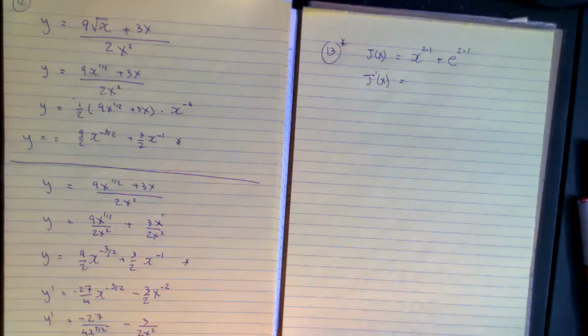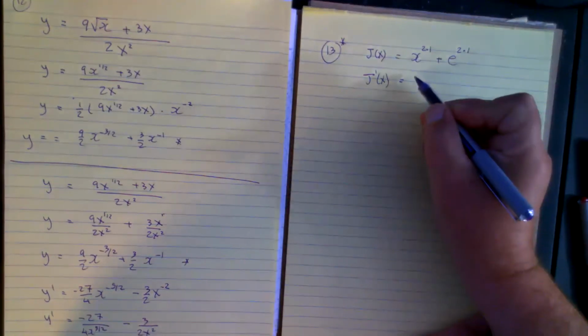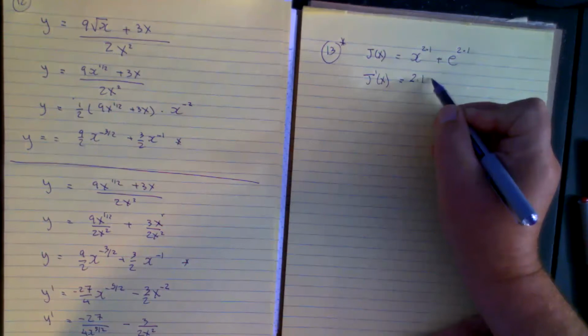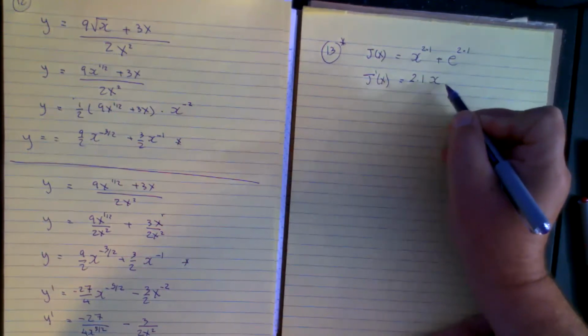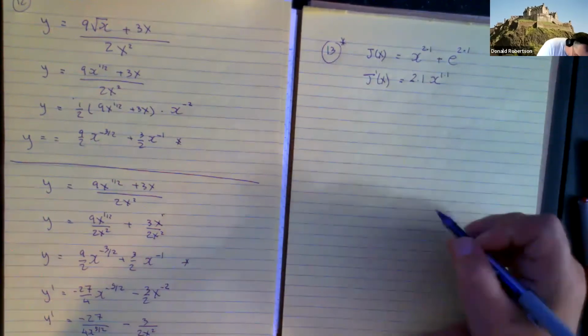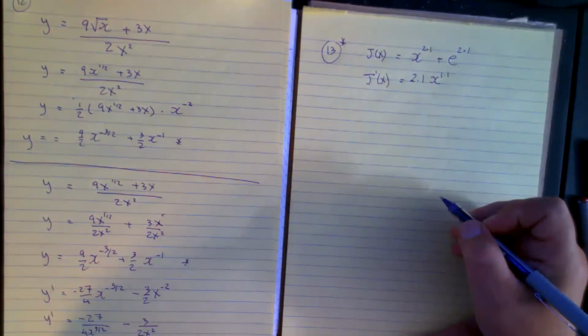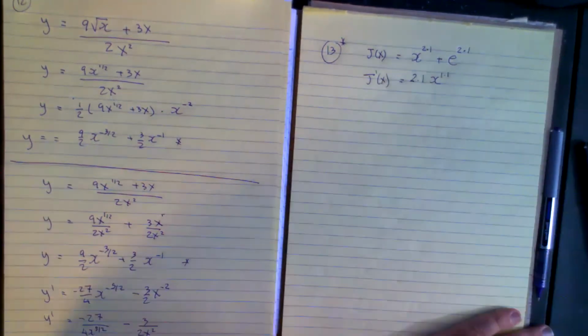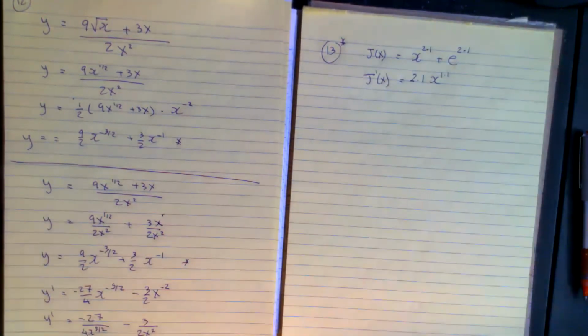I would think that the first term is going to be 2.1 times x to the 1.1. Correct. Plus e to the 2.1. Oh, no, I take that back because e to the 2.1 is a number, not a variable. Sorry, I haven't had enough coffee yet.